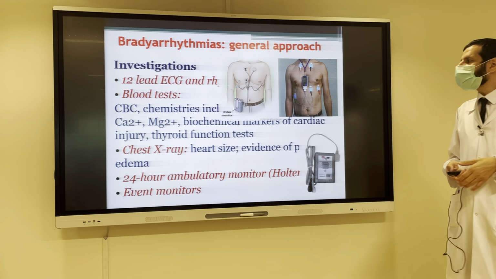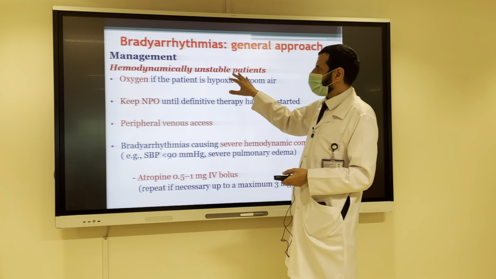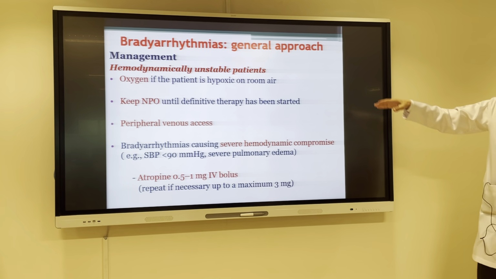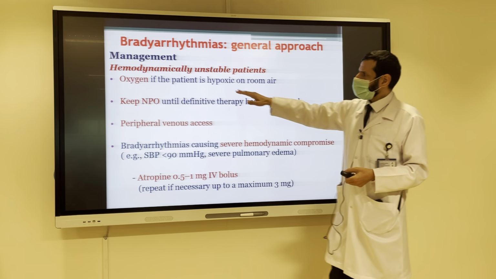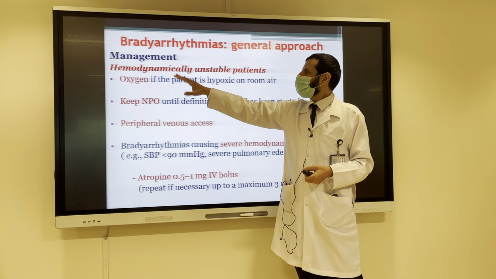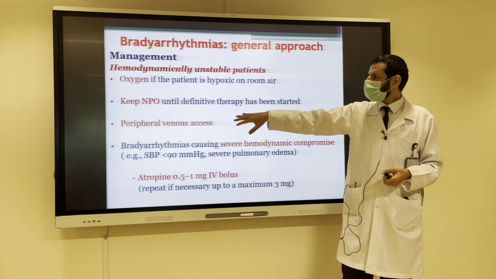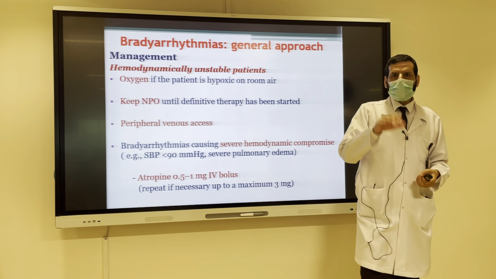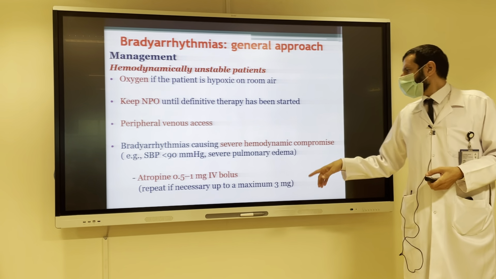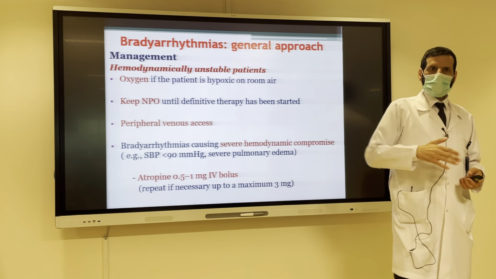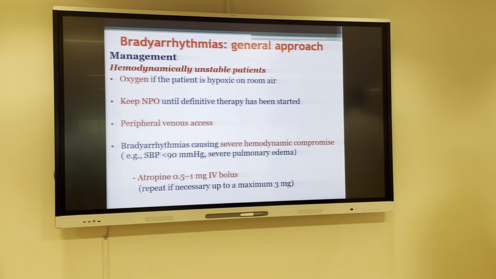Bradycardia is a little bit different, but again, if the patient is hemodynamically unstable, hypotensive, lethargic, not responding well, we have to think about the ABCs. So maintain the airway and breathing, give oxygen, keep NPO in preparation for a procedure, and obtain IV access as early as possible. The first line therapy here is atropine. Atropine is a parasympatholytic that increases the heart rate.